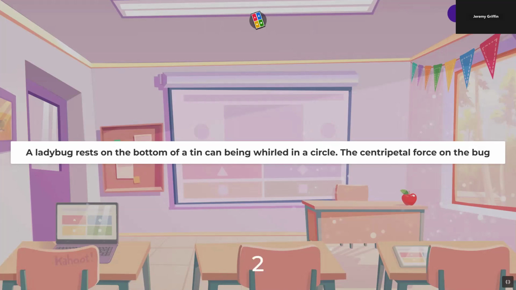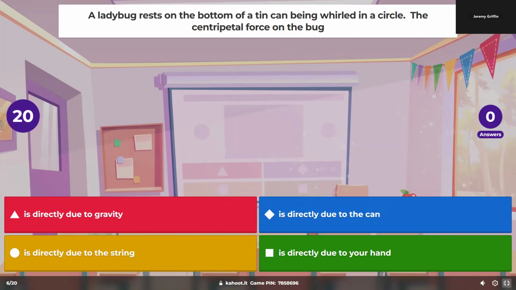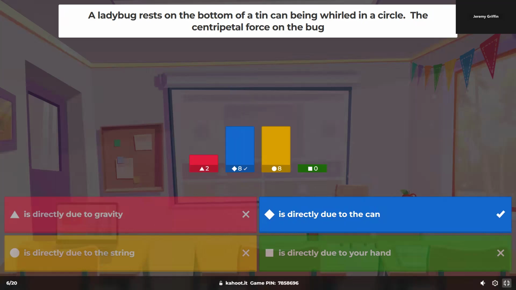The force on the bug, specifically on the ladybug, is directly due to the can. The ladybug goes in a circle. Zoom, zoom, zoom, zoom. Yeah, I think it would be a normal force.